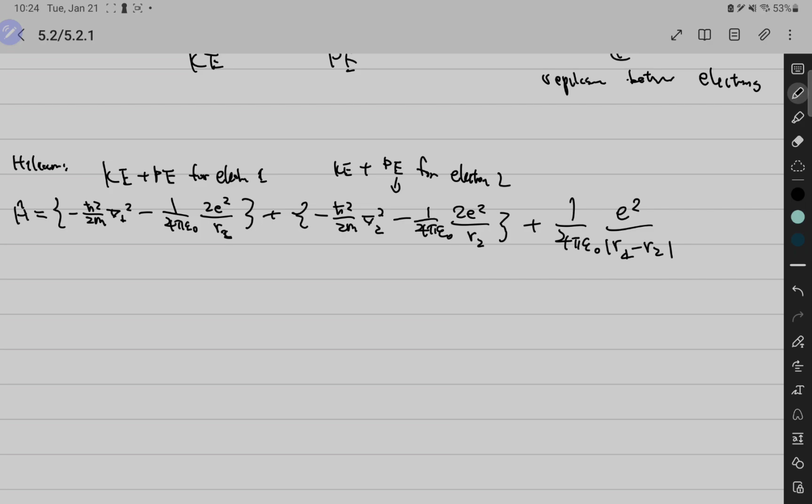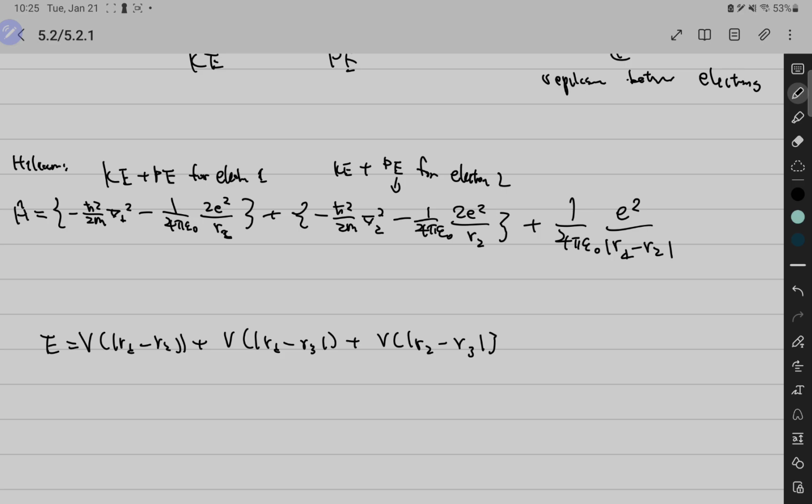If you want to look at a system of 3 particles, the interaction energy would be E equal to V(r1 minus r2) plus V(r1 minus r3) plus V(r2 minus r3).